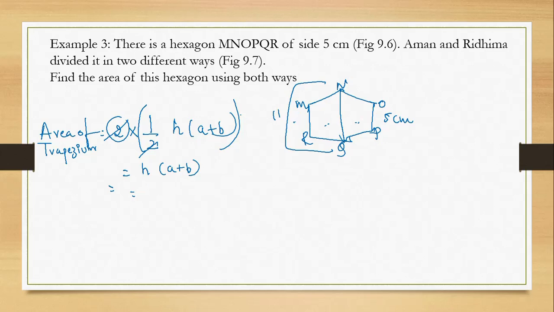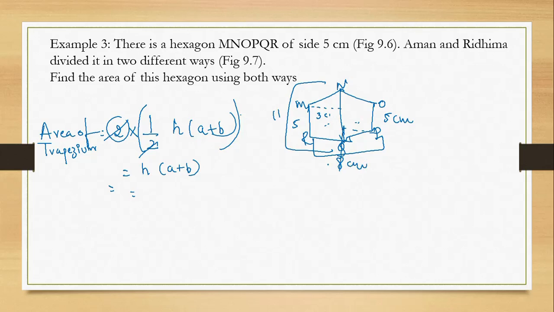Here we want to find the height, so this is the height here, and this is the height here. The height will be 4 centimeter, because the distance between these two is 8 centimeter.